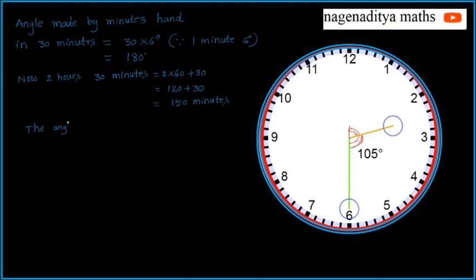So for 150 minutes, the angle made by the hour hand is equal to 150 into half a degree. That becomes 75 degrees.